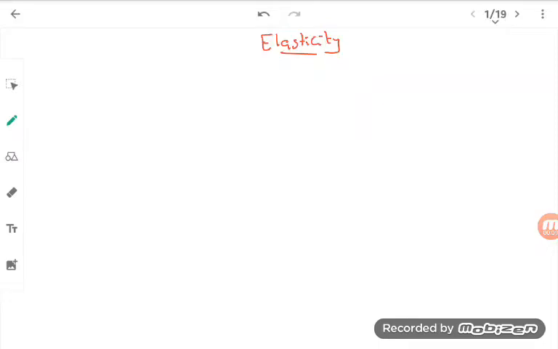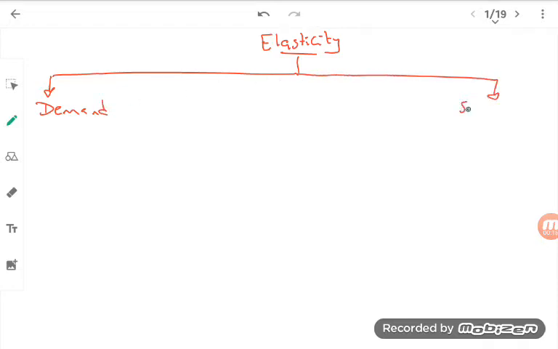Good morning. Last week we talked about elasticity, and we said that we can calculate elasticity for demand and for supply. With respect to demand, there are three different types of elasticities.